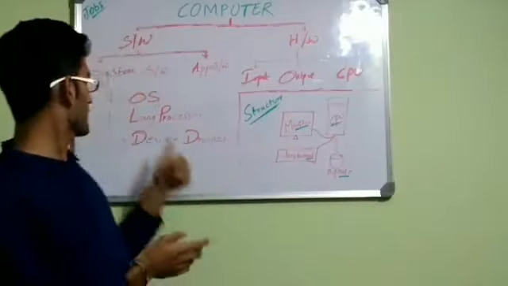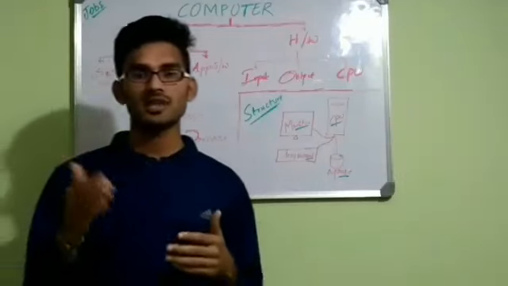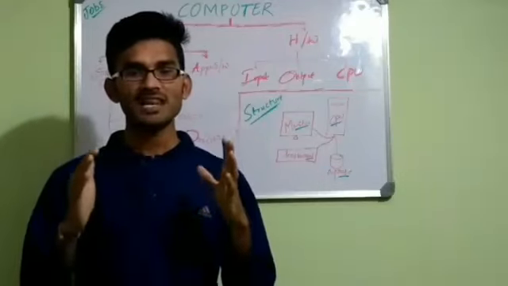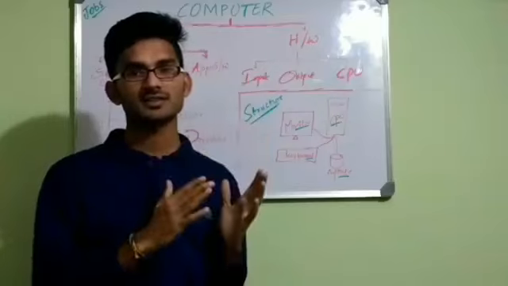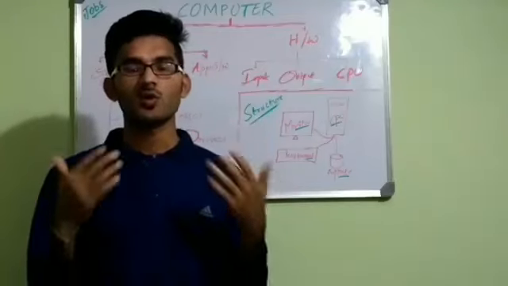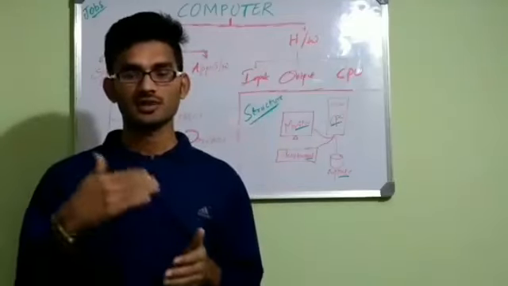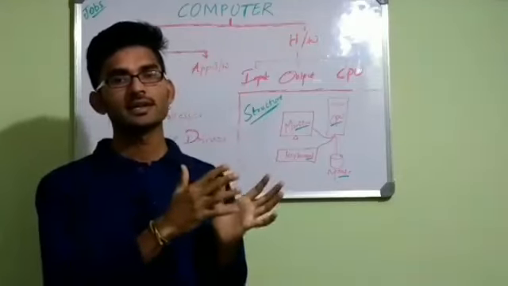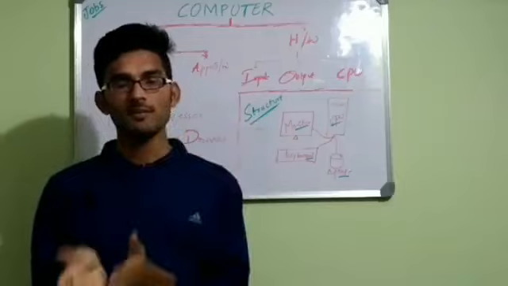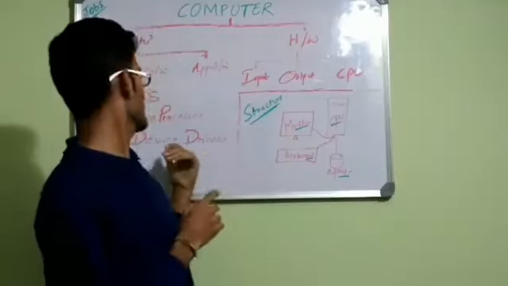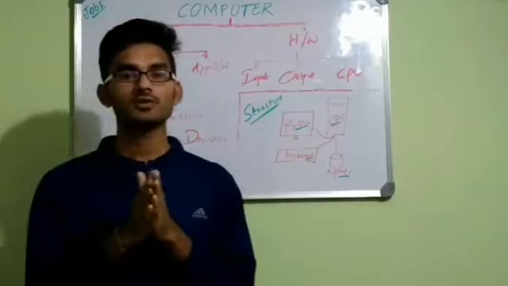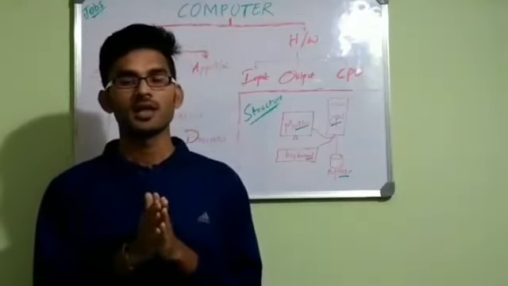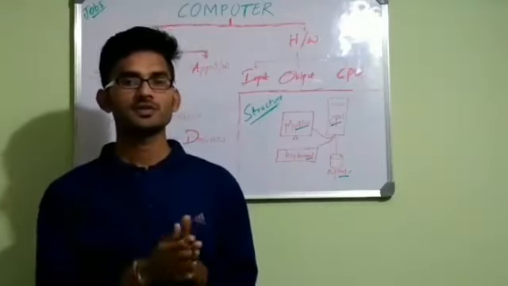Then we have the language processor. The language processor converts our instructions, whether in a high-level language or any other language we give to the computer, into machine code. And device drivers are for peripheral devices. For example, I have interfaced my printer to the computer.